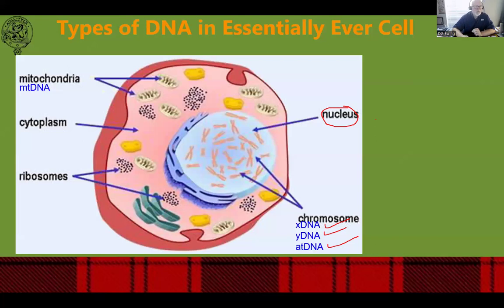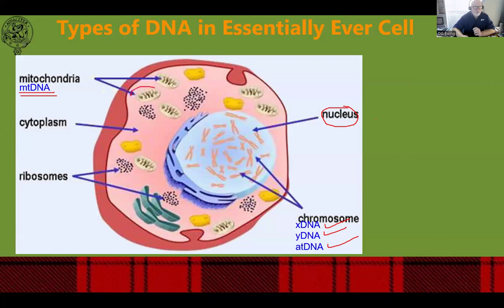And in addition, within each of our cells is mitochondria. I have trouble pronouncing that name for some reason. We abbreviate it as mtDNA, and I'll be using MT because I can pronounce MT.